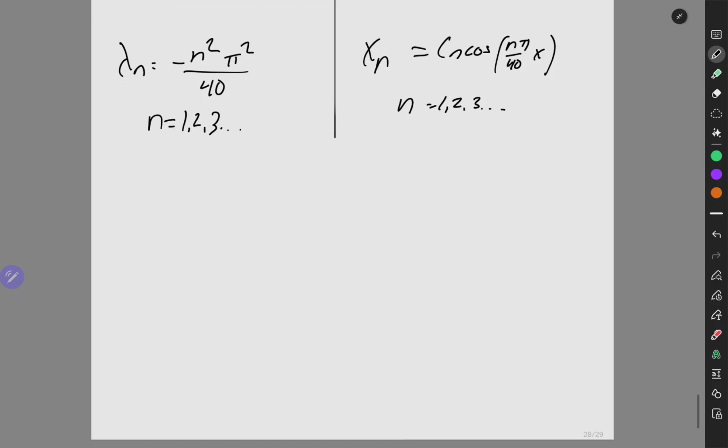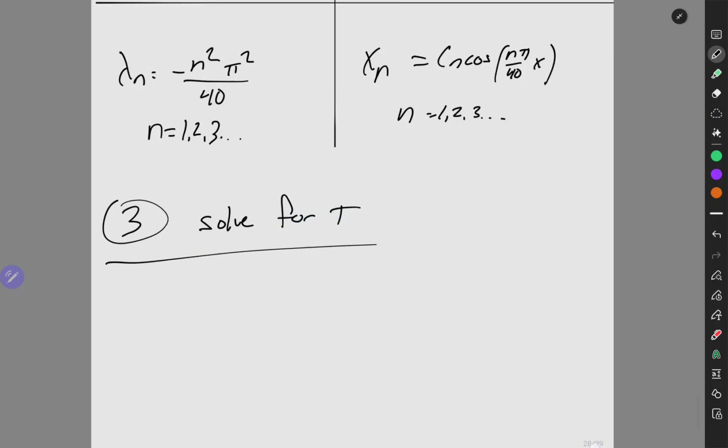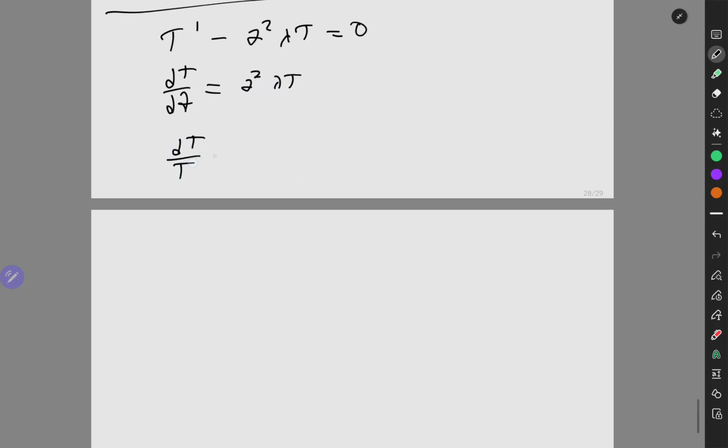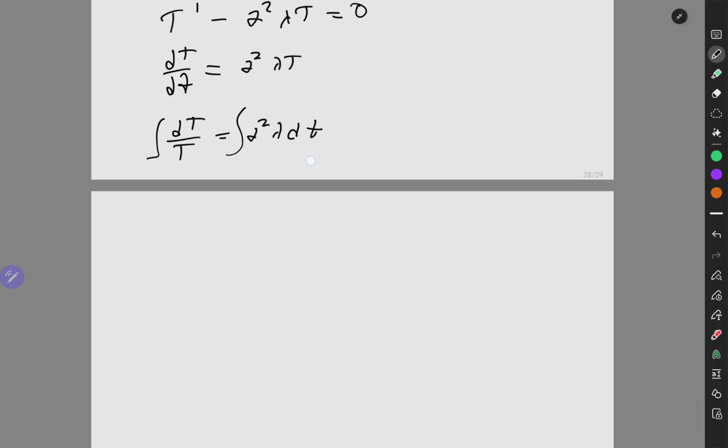Okay. Step 3. Solve for T. Good old first order separating variables, right? So let's write down the first order equation here. Let's go ahead and rewrite this one. Move some things around. Integrate.